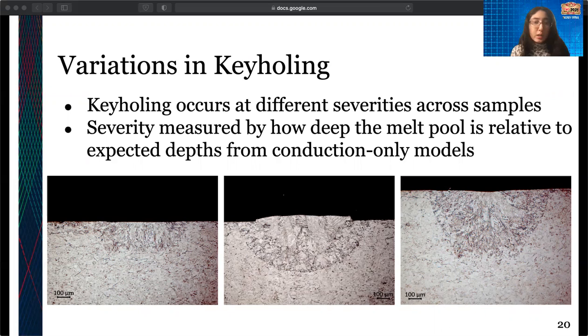We can see in our left-hand sample here that the melt pool is relatively shallow and broad, whereas on the right hand, we see some pretty extreme depths compared to what you would expect from our conduction models. Our conduction models predict a broad, shallow melt pool resulting from this strategy.